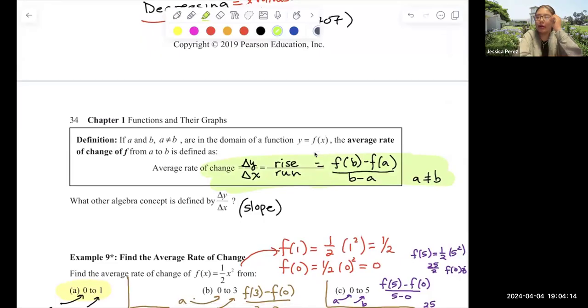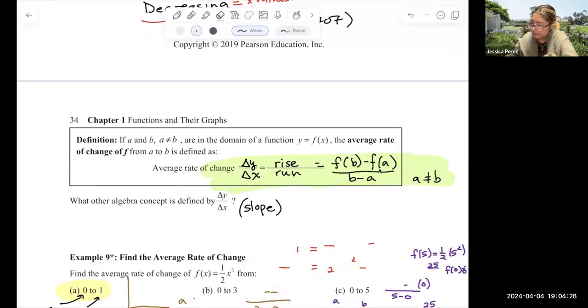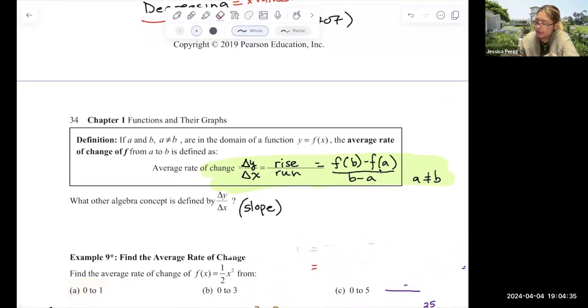So let's be careful there. So we're gonna find average rate of change between 2 different functions. And you're gonna be asked to do this on your homework and on your quiz next Tuesday, right, when it's due.